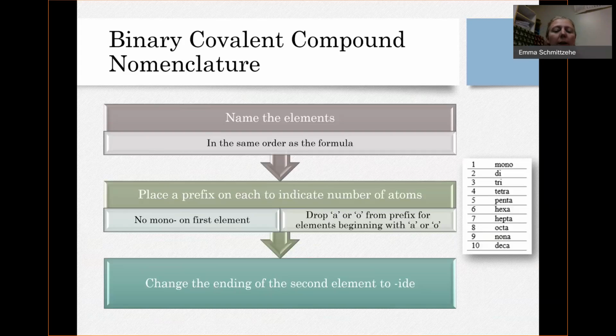You would do that for any element, okay? And you only do it on the second, you don't do it on the first one as well. So the key is that for any binary covalent compound, the name is always going to tell you which two elements you have, and it's going to tell you how many atoms of each you have, by using those prefixes. And it always has that "ide" ending.